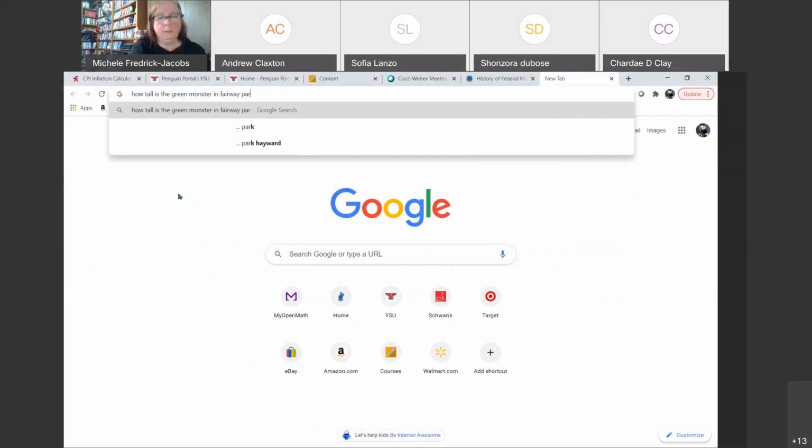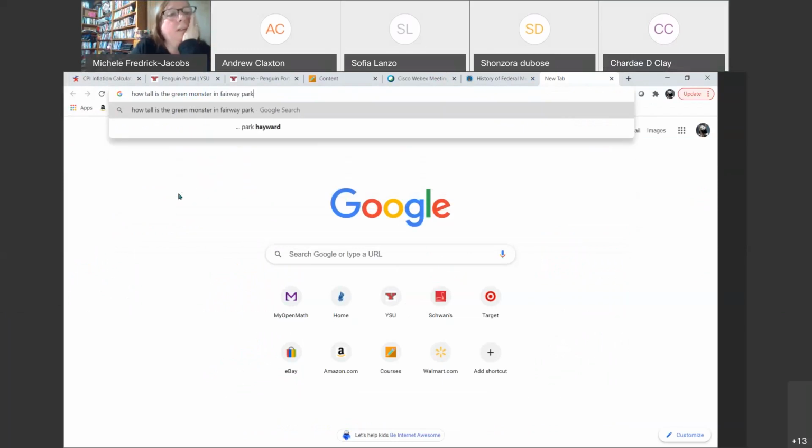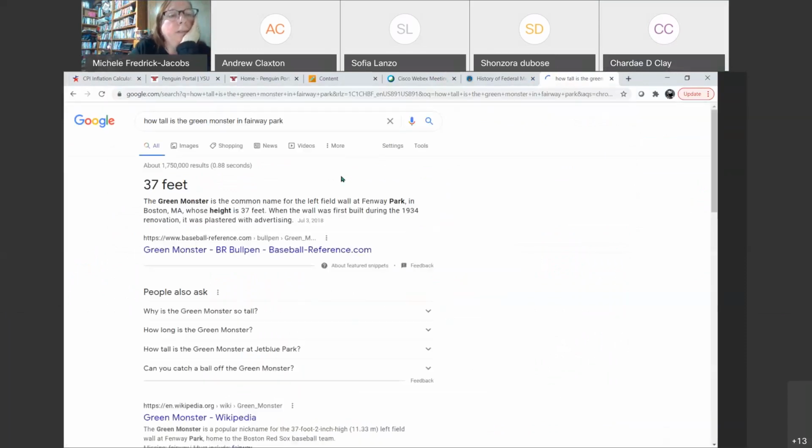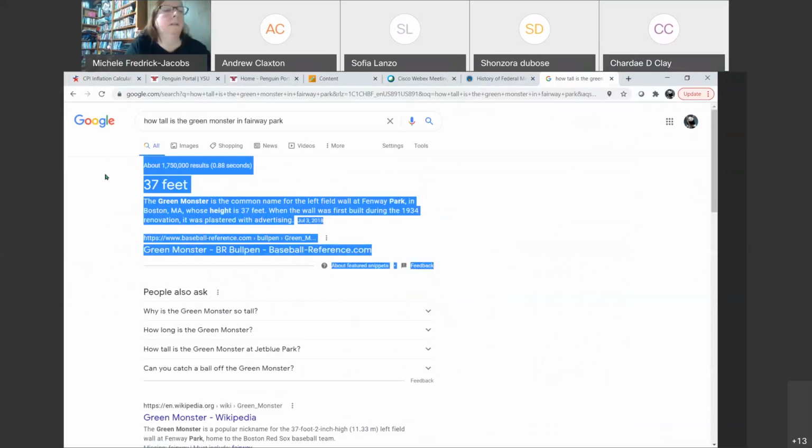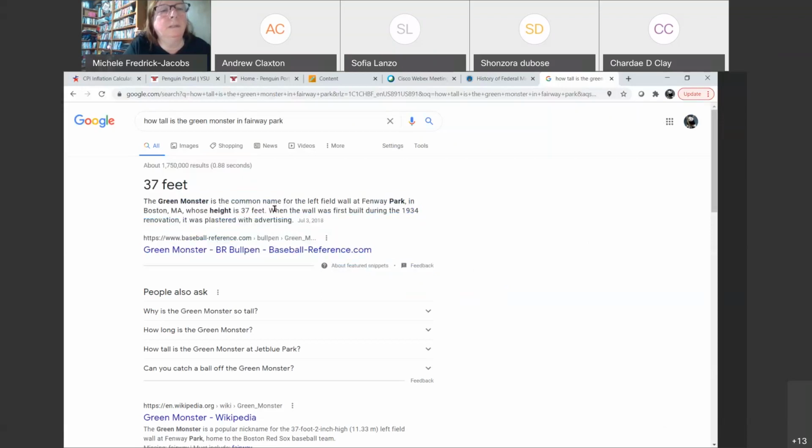So if I Google how tall is the green monster in Fenway Park, it's 37 feet high.